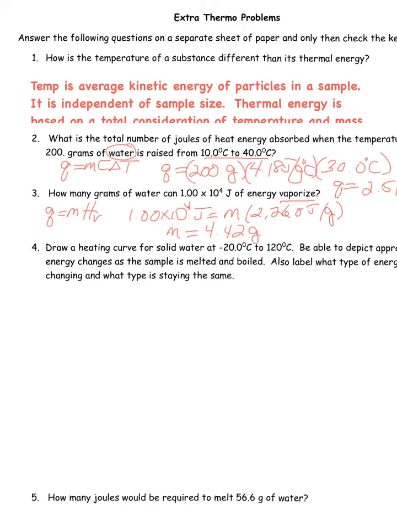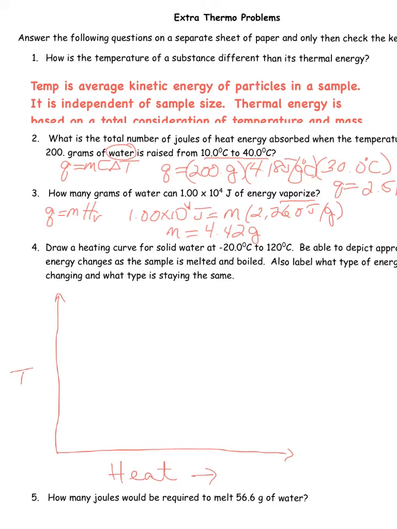Okay, for this next problem, we're asked to draw a heating curve, so still very important that we can do this. Remember, a heating curve is going to basically graph our temperature versus heat added, or time you might see sometimes. If we have water, remember we're going to start out at negative 20 degrees Celsius.